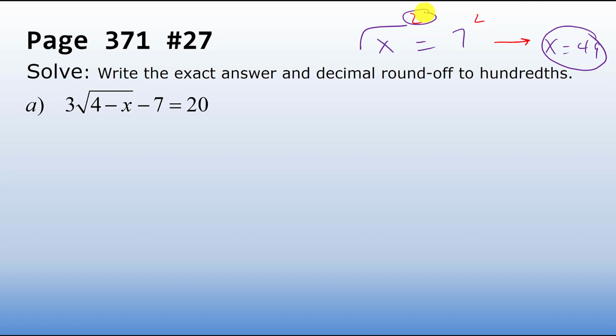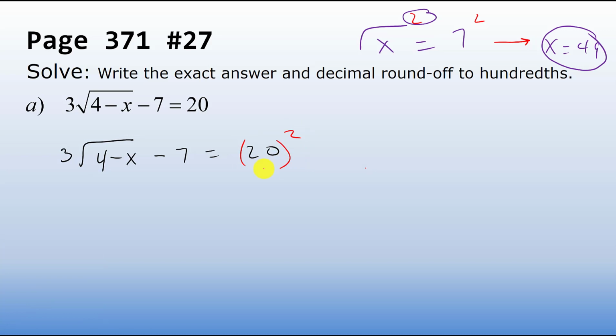Now in class today, someone was suggesting, why don't we do a second power then? But the second power is a function that you have to do on the whole side. So if this is our equation, 3 times the square root of 4 minus x, minus 7 equals 20, when we do the second power on one side, we're doing it on the whole side.